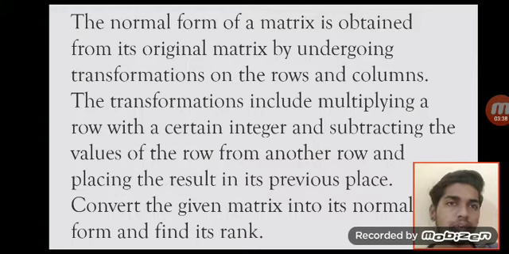The normal form of a matrix is obtained from its original matrix by undergoing transformations on the rows and columns. The transformations include multiplying a row with a certain integer and subtracting the values of one row from another row and placing the result in its previous place.